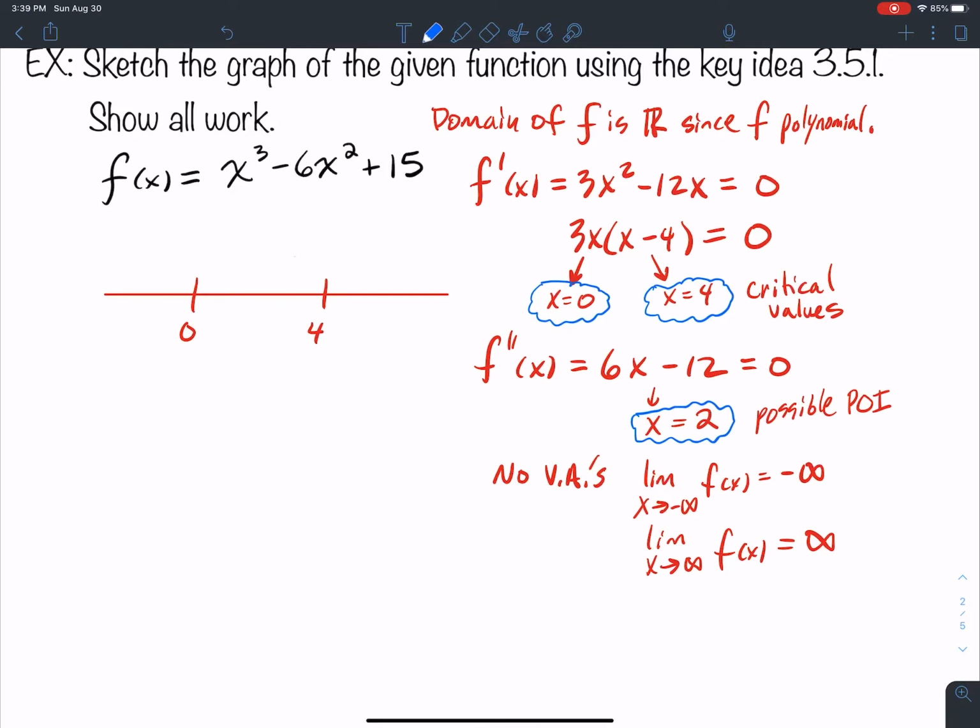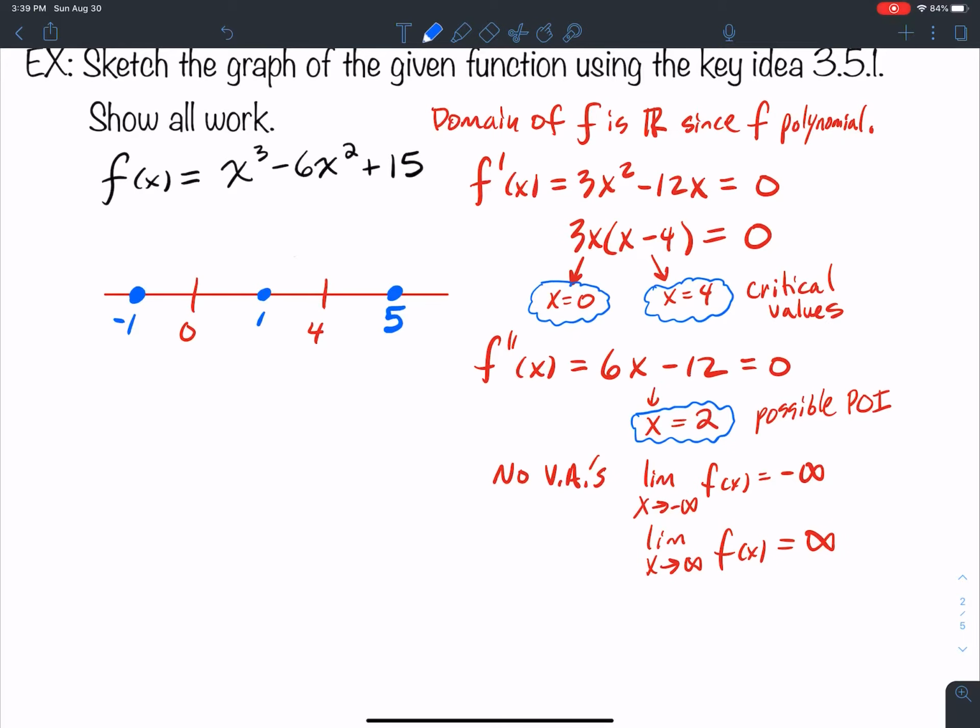All right, now for this subinterval here, I have a -1 value, a 1 value here, and a 5 value here. Those are points in between.